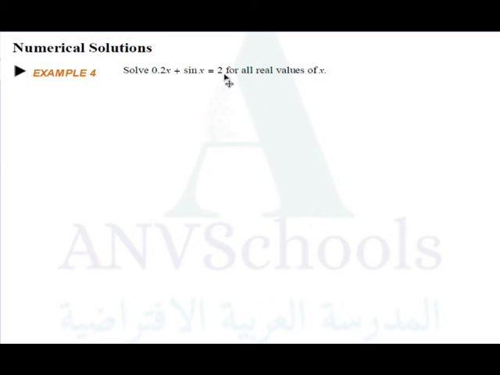So you cannot transform the equation to the form f of x is equal to a constant. In other cases, the solution may be difficult to find, and in this case, you can see that the solution is difficult to find here.